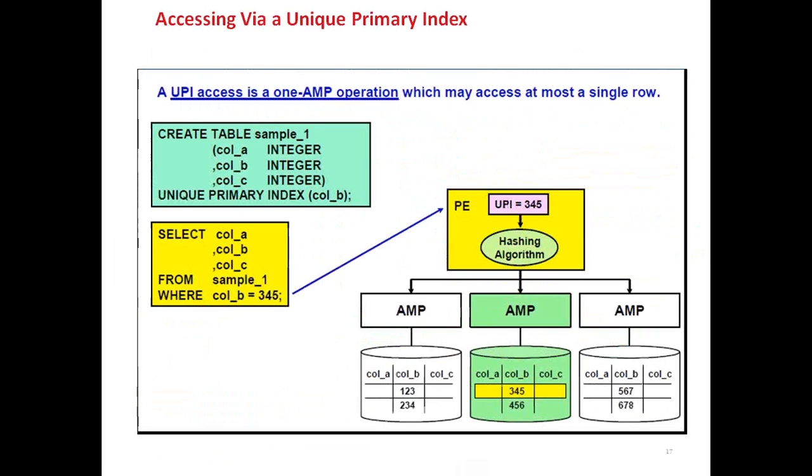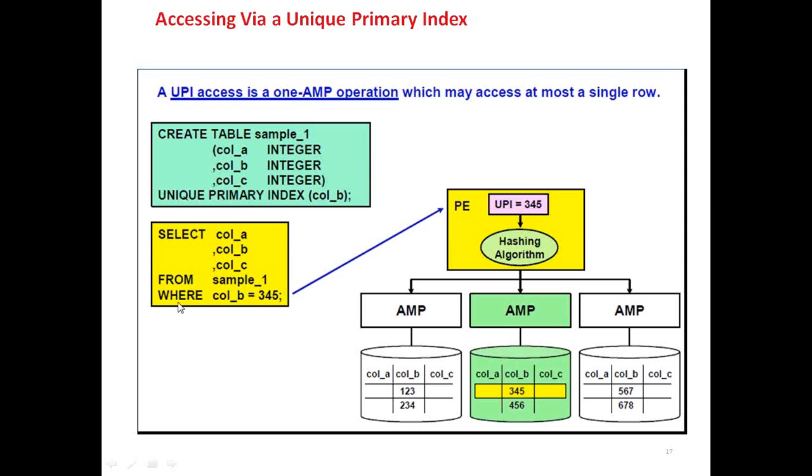Let's suppose this is a non-unique primary index now, and all its values are given to the hash algorithm. So there may be duplicates also. If there are two rows which are duplicated, it would generate the same row hash value. So all these two rows or three rows which have the same primary index value will be stored in the same AMP because of the duplication.